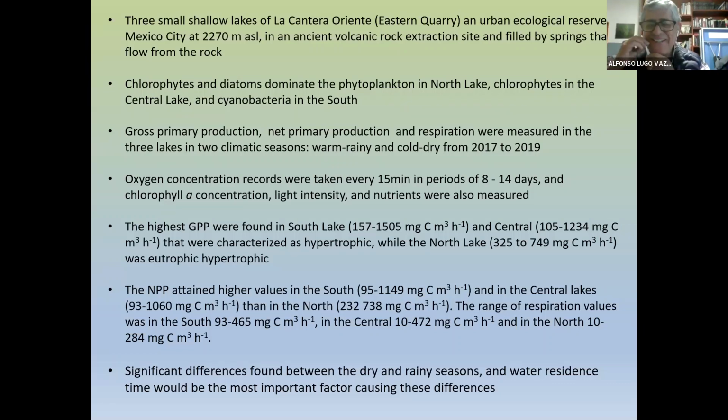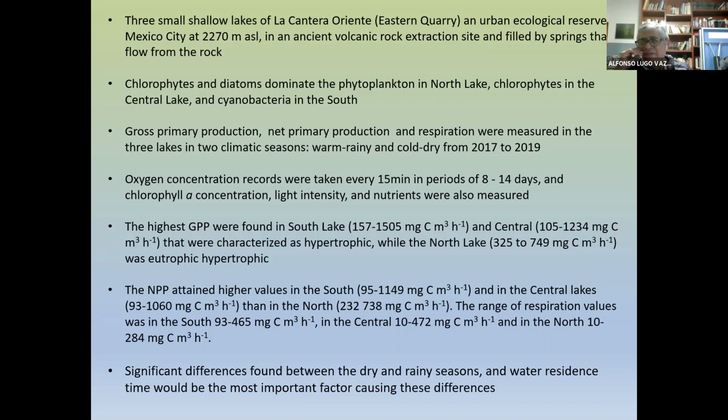Yes, thank you, Christina. Well, this case is very similar to the previous work. But in this case, we have three. Well, there are really four lakes, and only one of them is completely artificial. The other three were accidentally formed because when the excavation in the quarry reached the underground water level, the water began to flow and then formed these lakes.